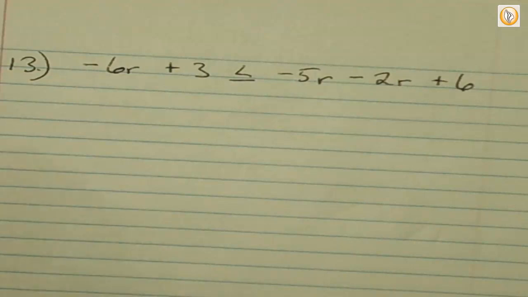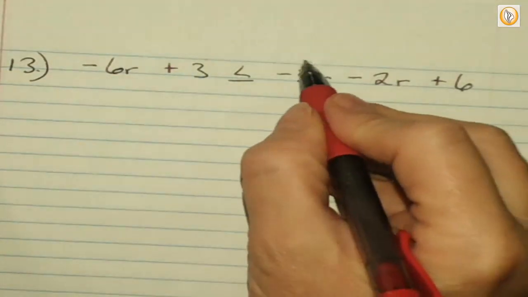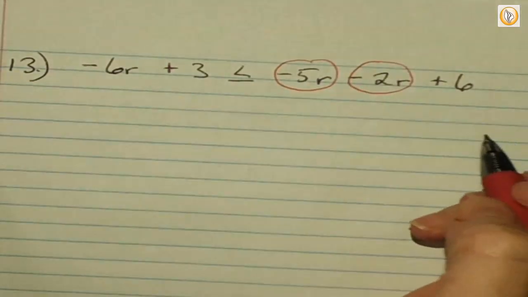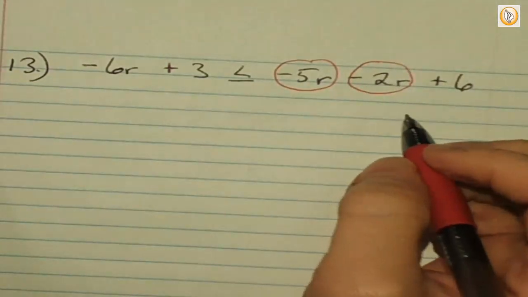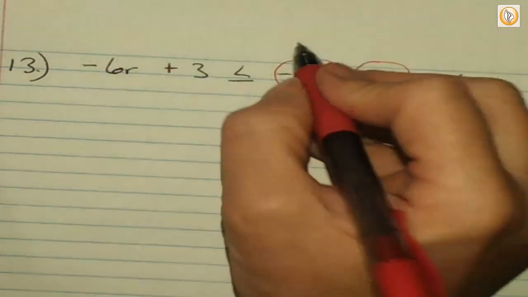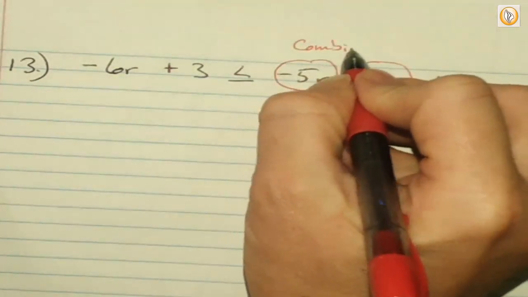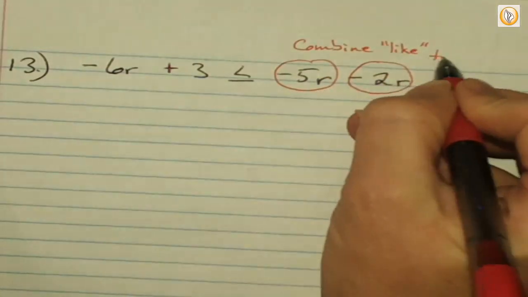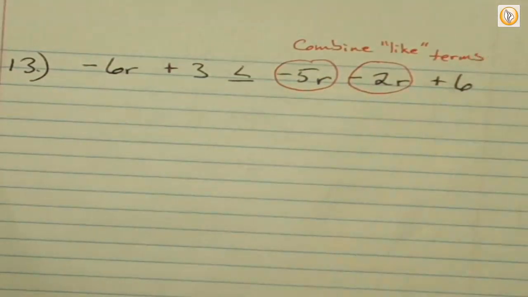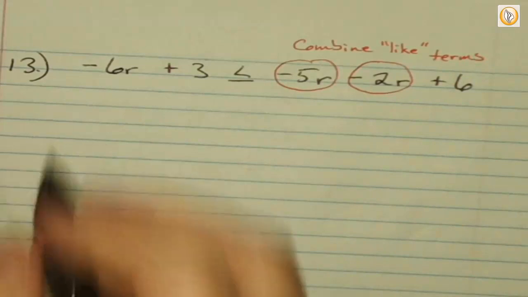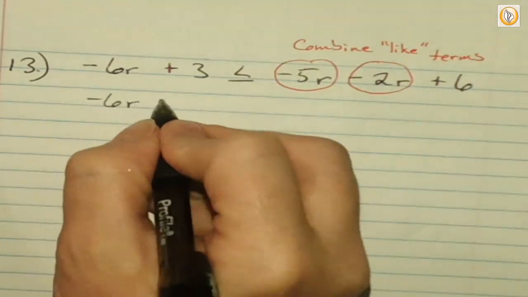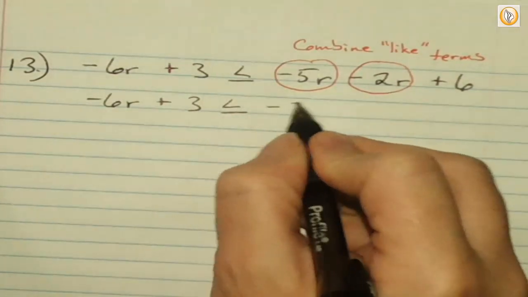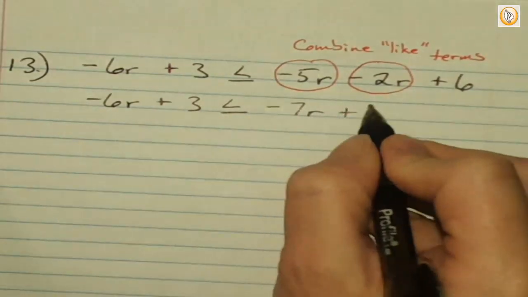Combine negative 5r and negative 2r into negative 7r. So we're combining like terms. Right. Combine like terms first. And she's correct. You'll get negative 6r plus 3 is less than or equal to negative 7r plus 6.